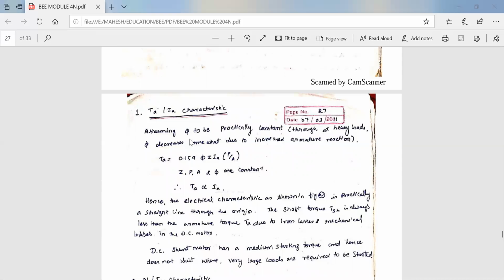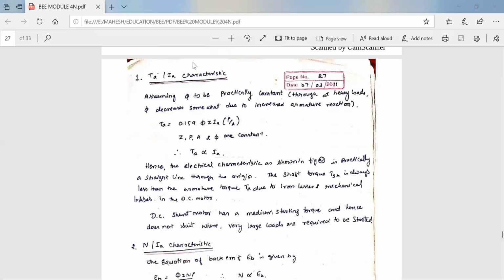Assuming the flux to be practically constant, because at heavy loads phi decreases somewhat due to increased armature reaction. Armature reaction is nothing but the effect of the armature flux on the main flux. Usually in a shunt motor, the flux will be practically constant.